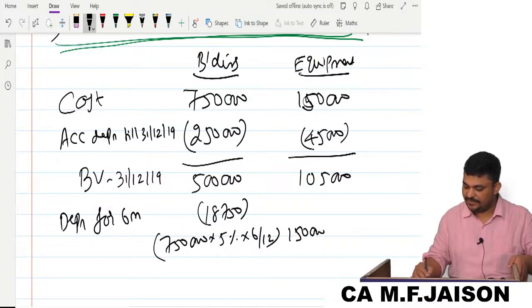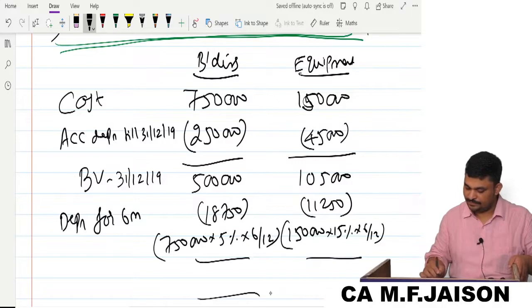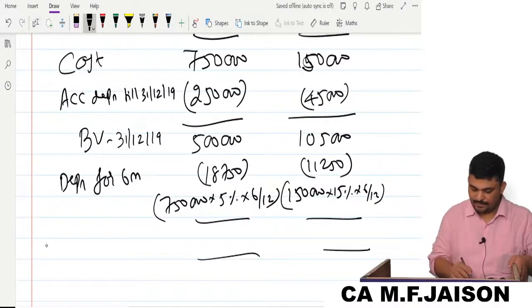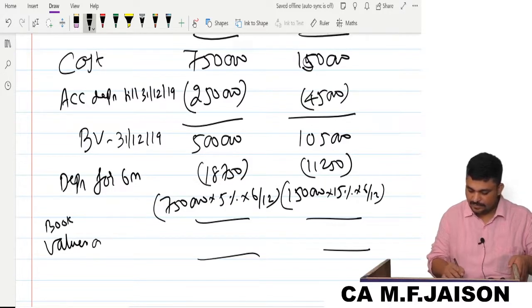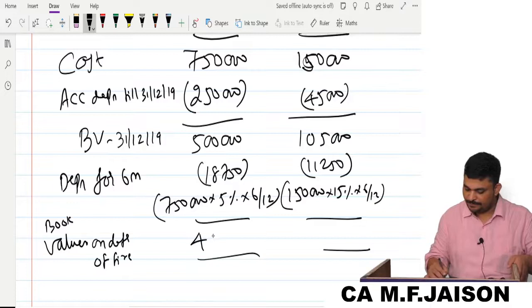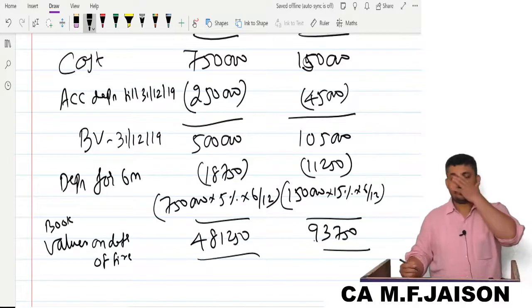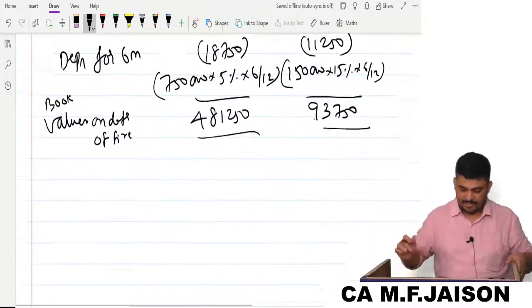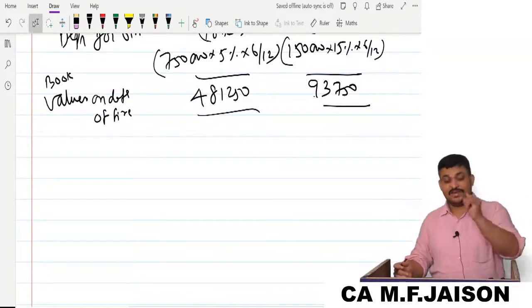Here it is 1,50,000 into 15% into 6 by 12, which is 11,250. So the value on date of fire is 4,81,250 and 93,750. So this is how we arrive at stock on date of fire and these two on date of fire.